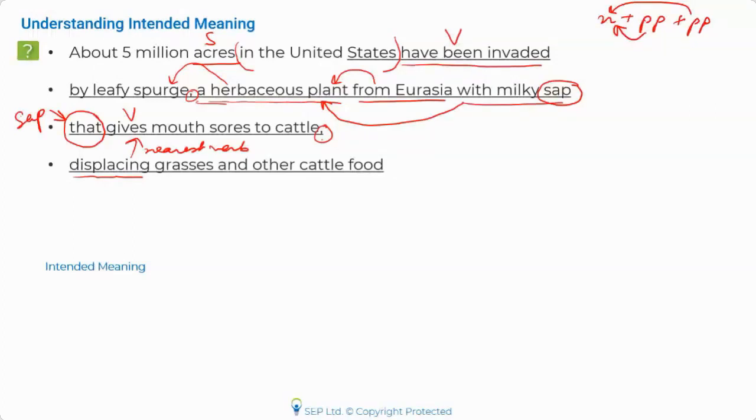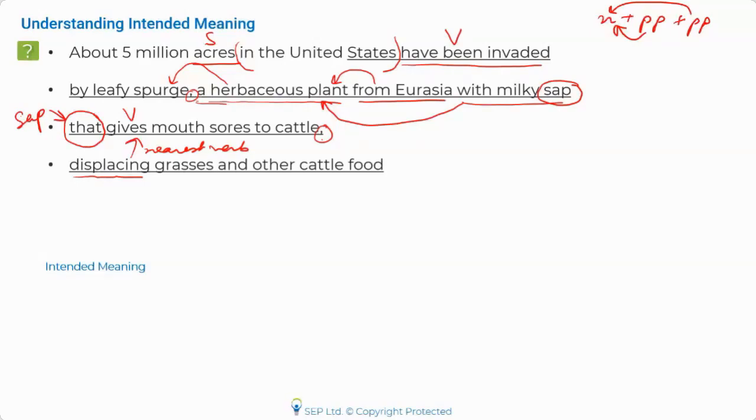Sap displacing grasses doesn't make sense. So what is displacing grasses, by the way? If we try to understand the question, what is displacing the grasses? Very good, Arindam. The leafy spurge is displacing the grasses actually. Yes, Kabir. The plant which is the leafy spurge is displacing the grasses.